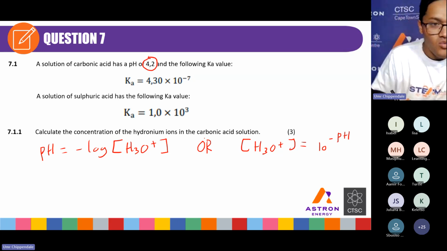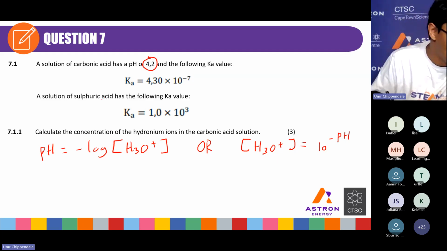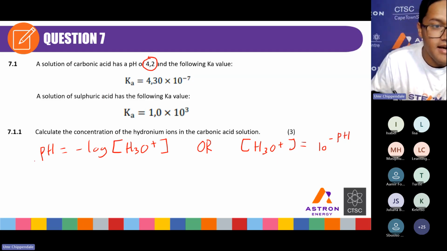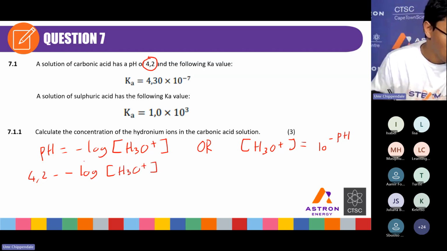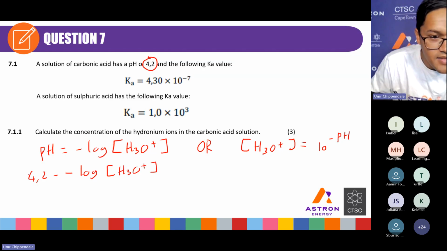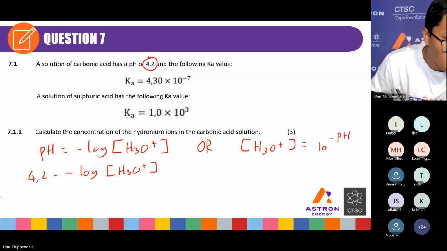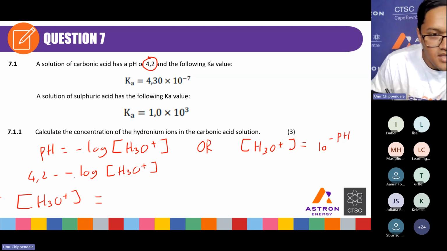So we were given our pH, which was 4.2, and we're going to substitute that into this formula. I'll be dealing with the left-hand side. So it'll be 4.2 is equal to the negative log of the concentration of hydronium ions. If I make the concentration of hydronium ions the subject of the formula, it's going to be equal to 10 to the power negative 4.2.